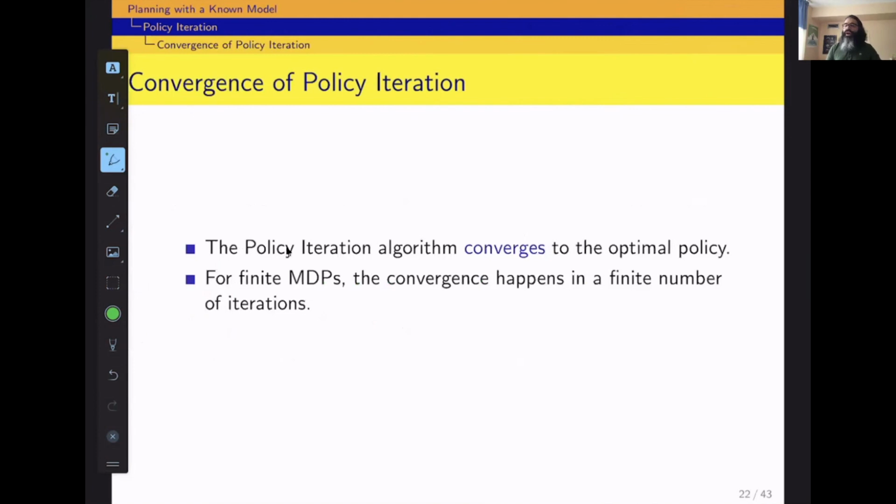Okay, so what is the result? We can show that the policy iteration algorithm converges to the optimal policy. Also, we can show that if we have a finite MDP, the convergence happens in a finite number of iterations. So it terminates, and after that point, we are at the optimal policy.